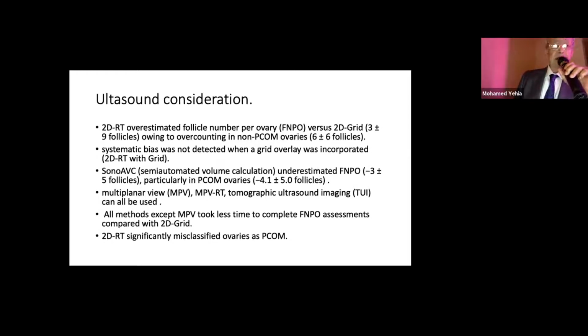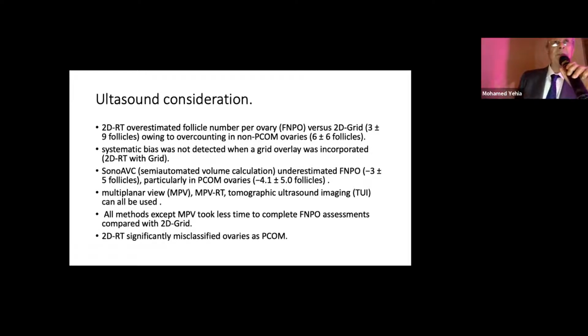The new modalities, like SonoAVC, a semi-automated volume calculation, actually underestimate the number of follicles by between 3 and 5 follicles. There are other modalities, like the multiplanar view with real-time tomography. All these methods, except the multiplanar view, took less time to complete the count compared to the 2D grid.